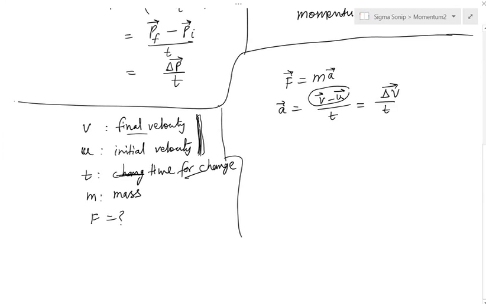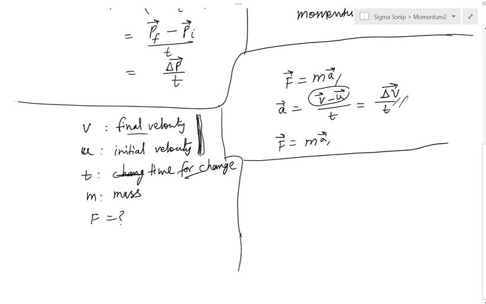Once I get this acceleration, I can find F equals m times a. The arrows indicate that we are talking about vectors, which means that every time we are doing calculation here, we are keeping the direction in mind as well.